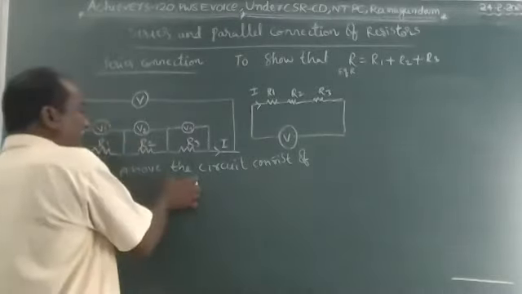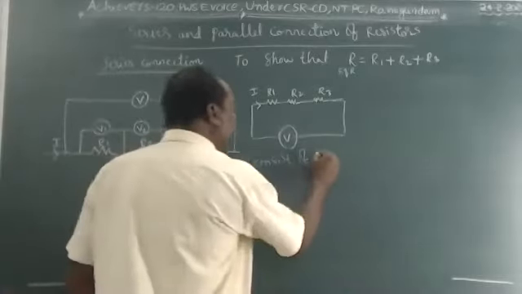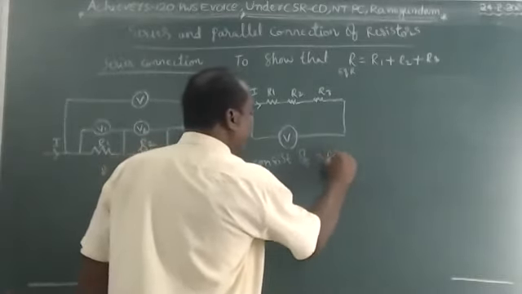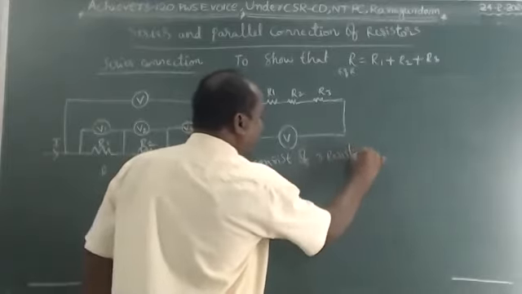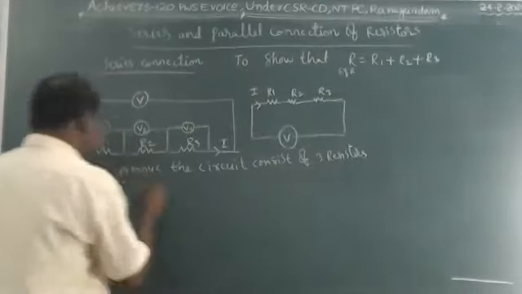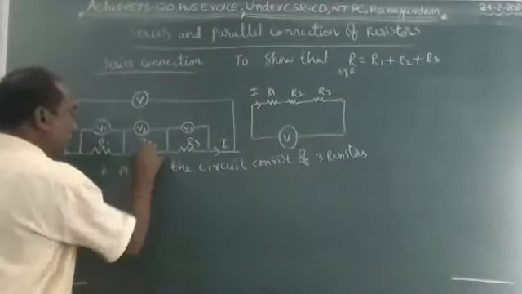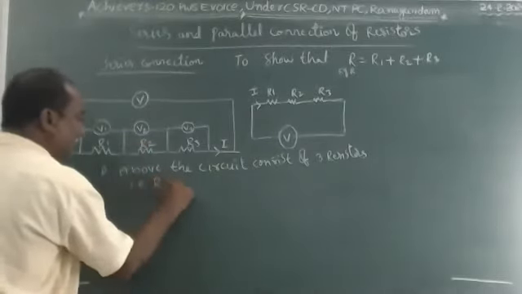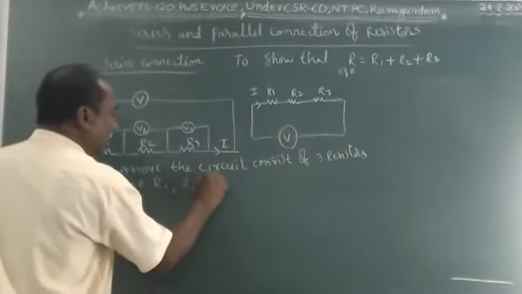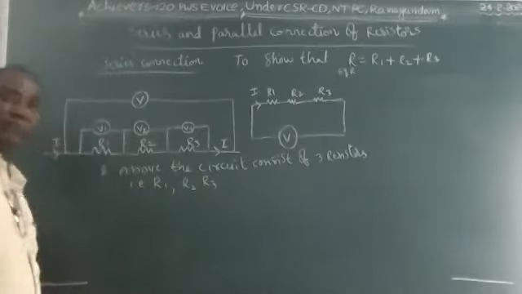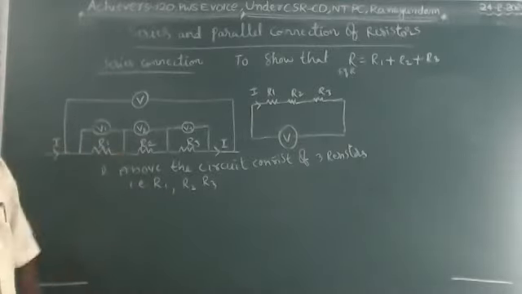So the above circuit consists of 3 resistors. They are R1, R2, R3.